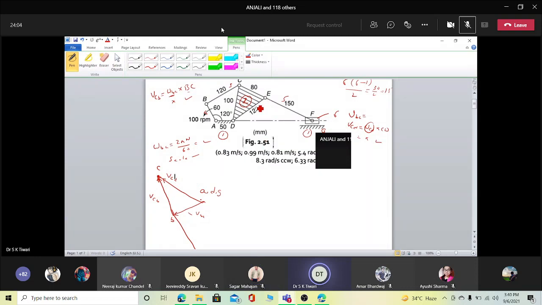Now come to the point E. E can be considered in the first go as a point on EC. When E is considered on EC, I need velocity of C with respect to E. That will be omega CE multiplied by CE. Since this is not known, I don't know the magnitude, but I know the direction.